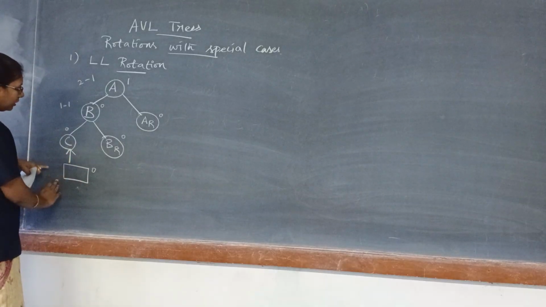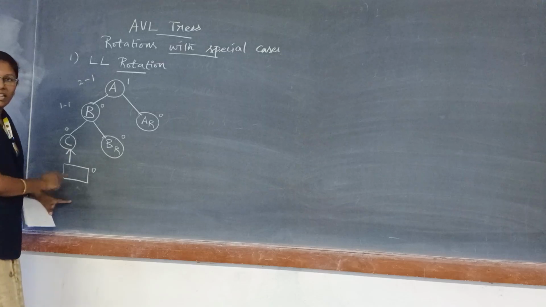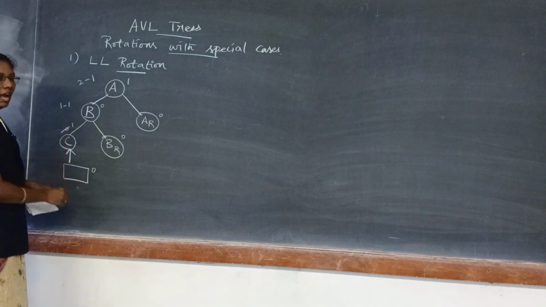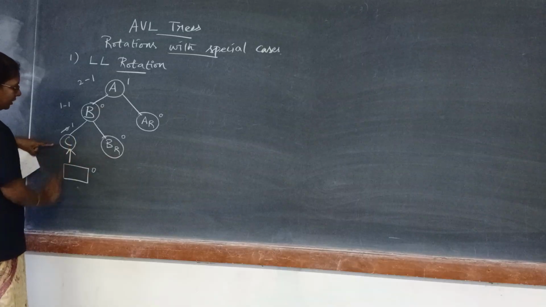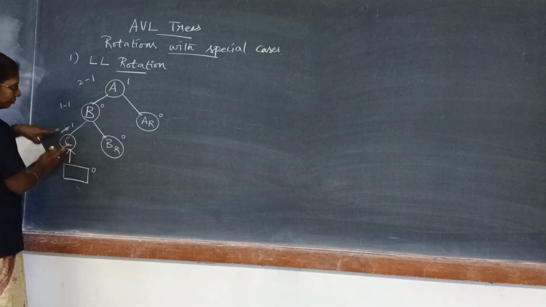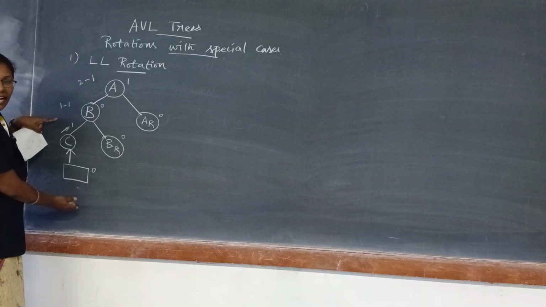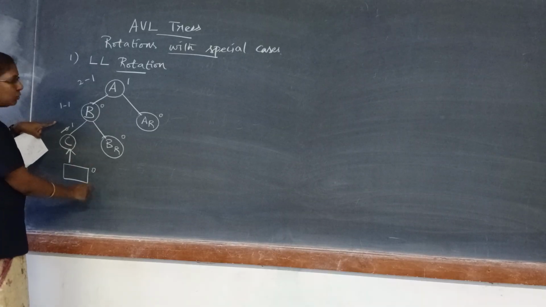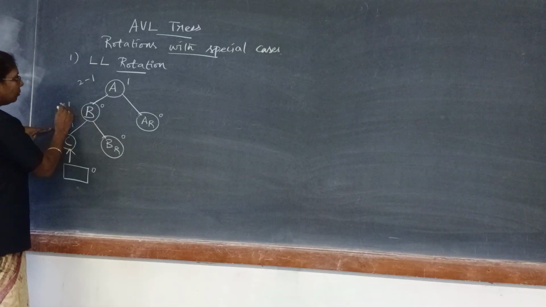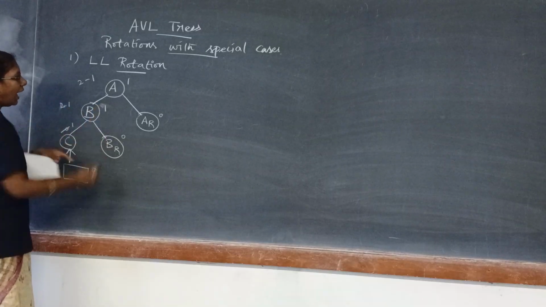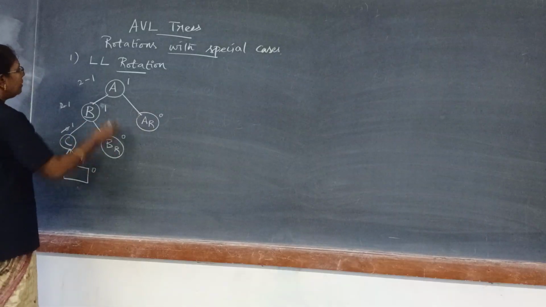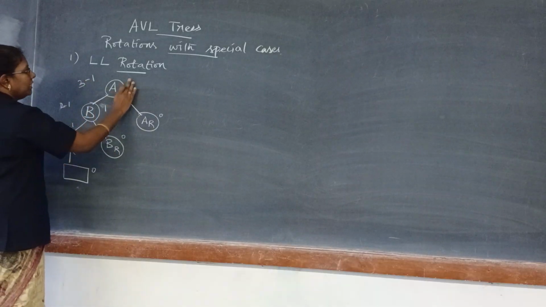If I keep this node as the left subtree, then the result here is 1. For this node the heights of the left and right subtrees are 1 and 1, so that is 2 minus 1, which is 1. And for this node the height of the left subtree is 1, 2, 3, so 3 minus 1 means 2.